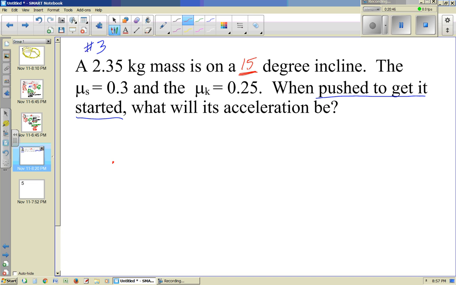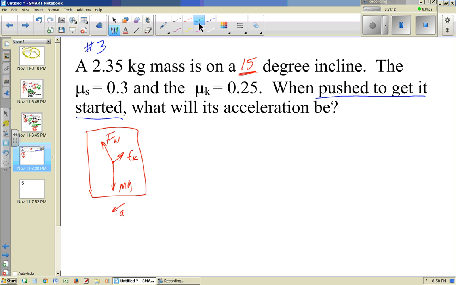So here is our free body diagram: mg, Fn perpendicular to the hill is smaller than mg, and F kinetic uphill and F normal here. This is a pretty easy problem. It's very much like the first one we did.